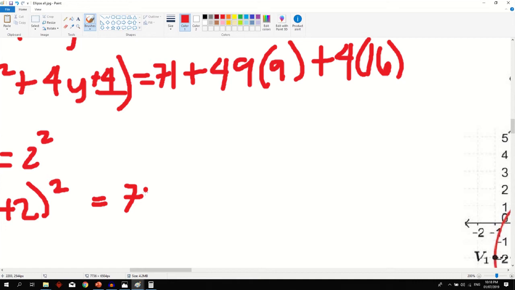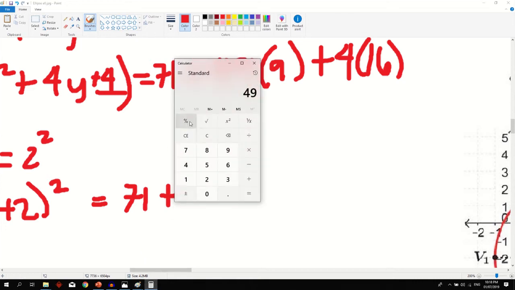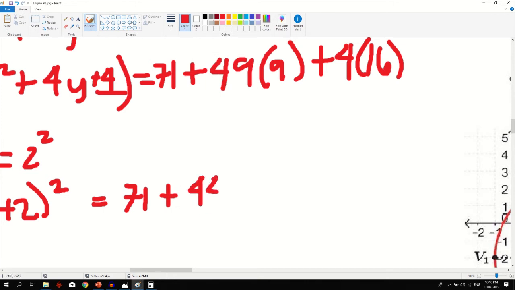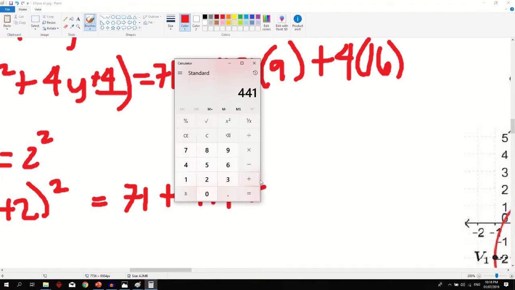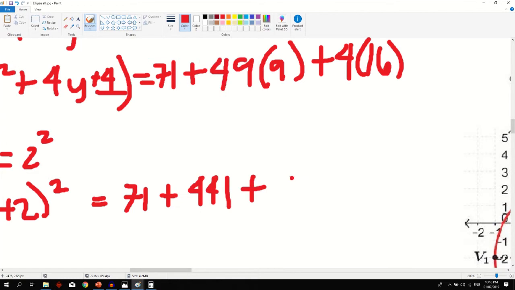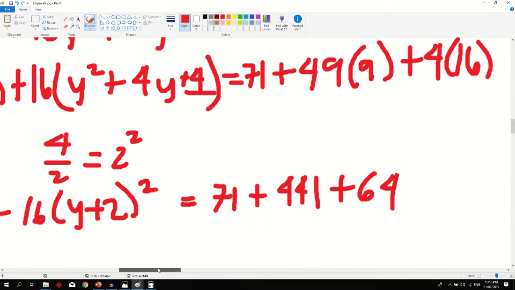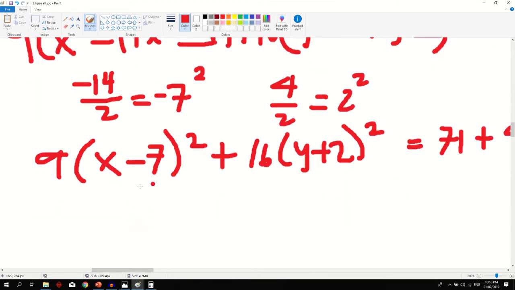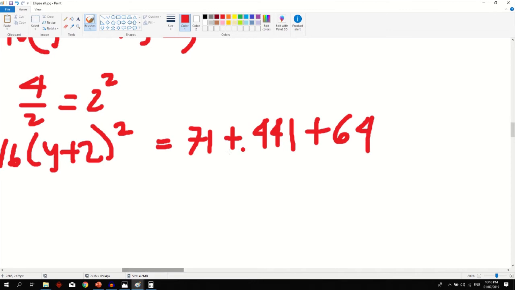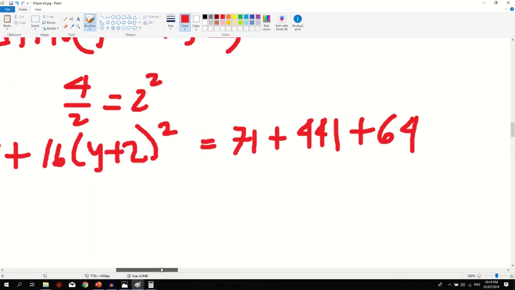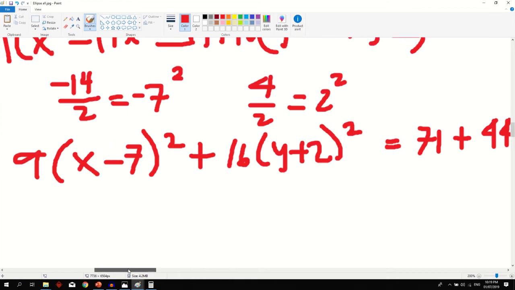So 71 plus, what is 49 times 9? 49 times 9 is equals to 441. 441 plus 4 times 16. 4 times 16 is equals to 64. Alright. Then we need to total this, and after getting this total, we will divide it to here.